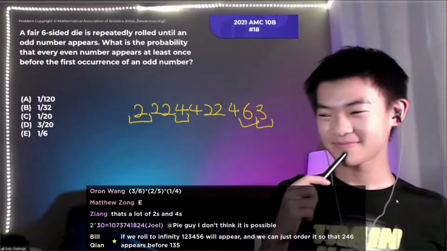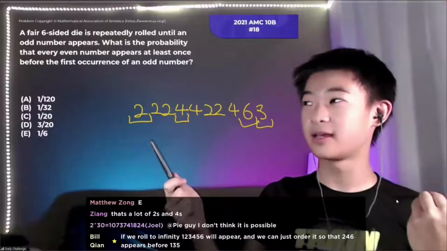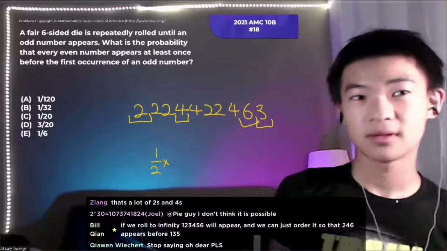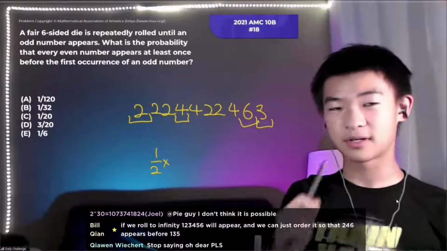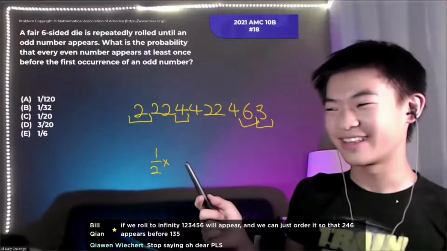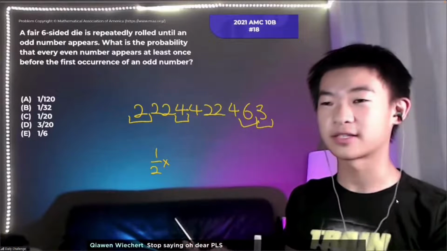So, suppose we start from nothing. The probability we first get an even number is 1/2. And then this part might be a little bit difficult. Actually, no, it might not be difficult. So ignore the rest of the 2's because they don't matter, honestly.